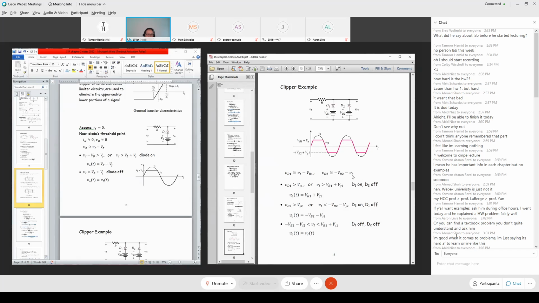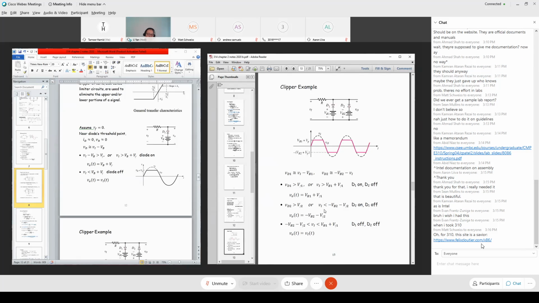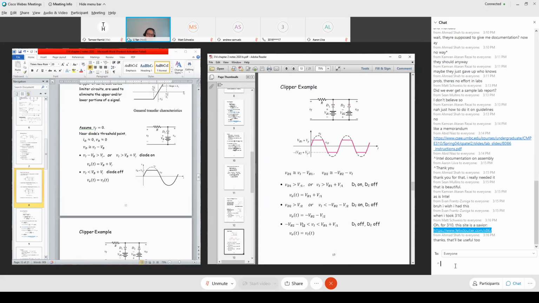If this expression is greater than V gamma 2, I can rewrite that inequality into this form, and D2 is on. When diode 2 is on, what's the output voltage? The output voltage steps down by VB2, and further steps down by V gamma 2. So the output voltage equals minus VB2 minus V gamma 2.